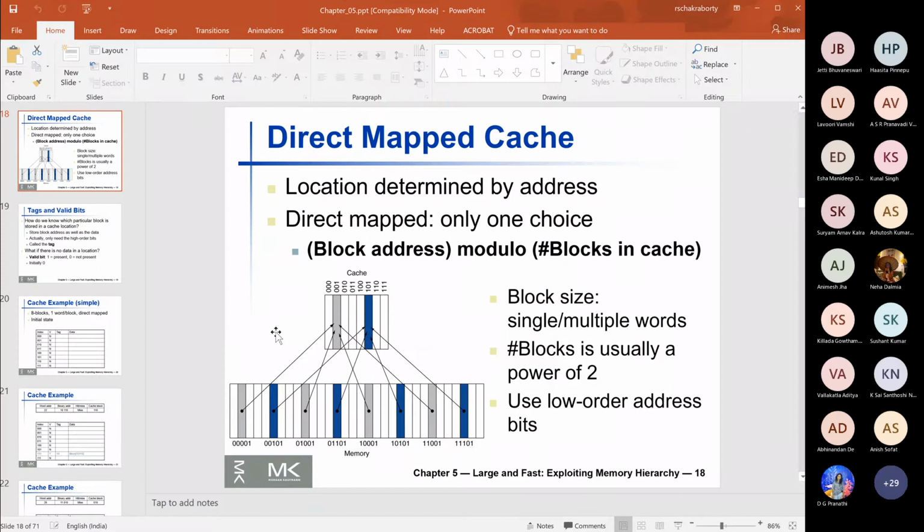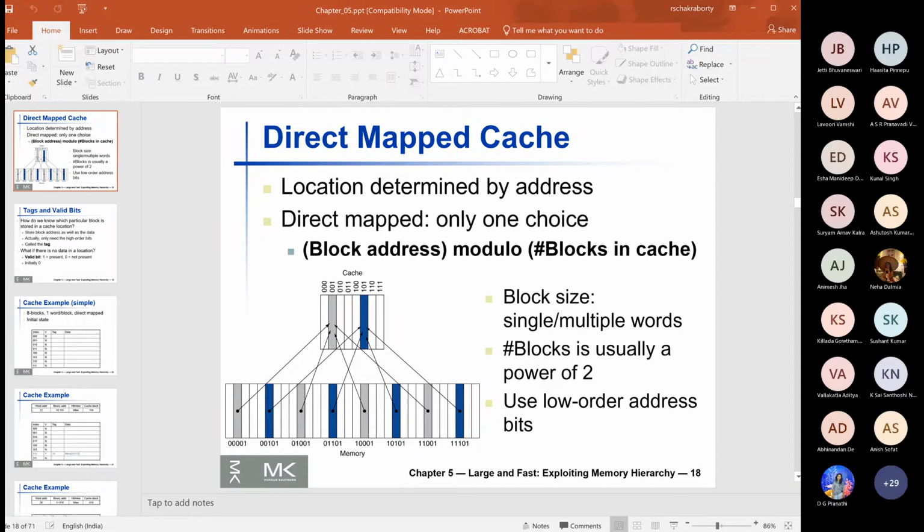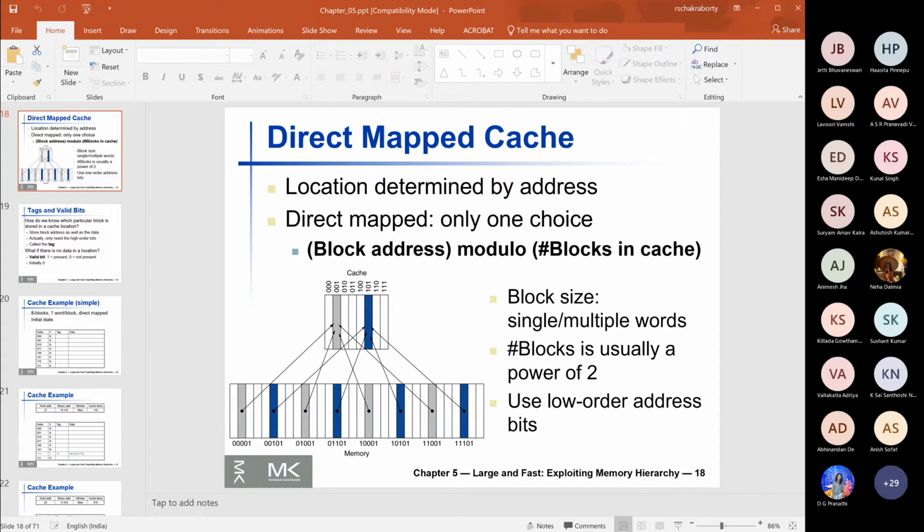Any student wants to answer? What complication does it create? Sir, when we get a read request for another block which is mapped to the same block address, then the original value will be lost since the value in memory was never rewritten. Correct.